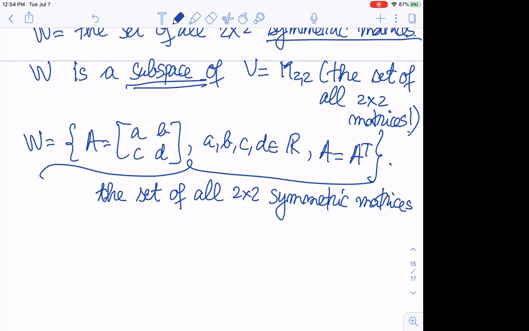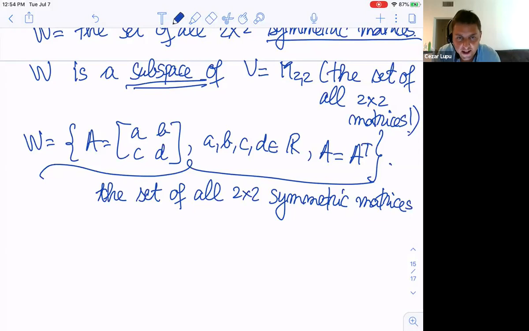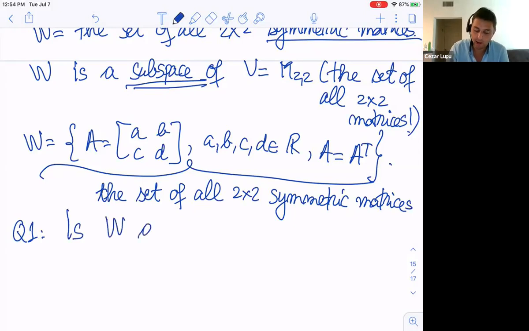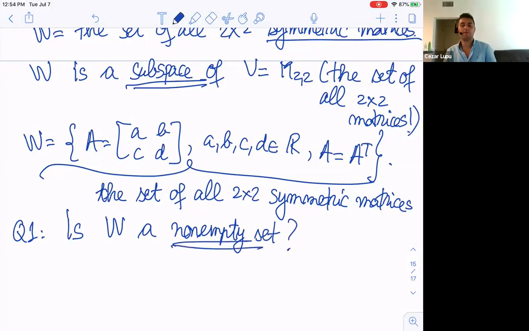Exactly. Like Morgan says here on the chat, the first question we need to answer is: is W a non-empty subset? That is the question I need to address.